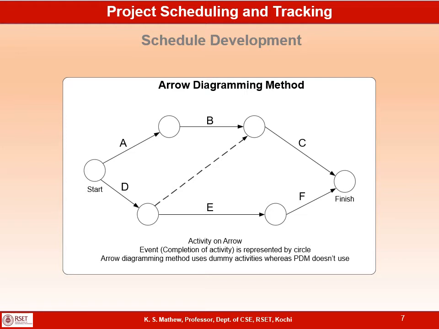In order to represent the relationship of C with B and D, you can represent the relationship between B and C using a solid arrow, but C also depends on D, which can be represented only using a dummy activity here. Dummy activity is represented using a dotted arrow.